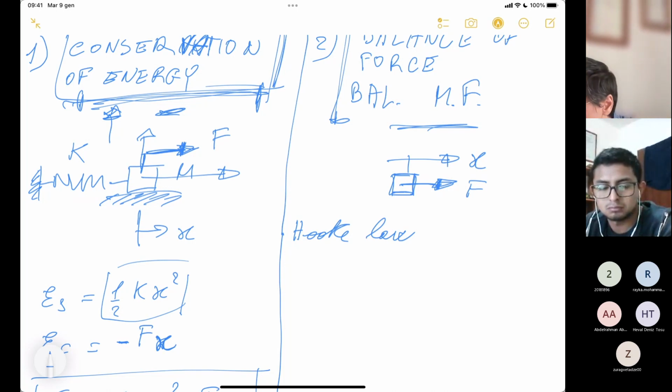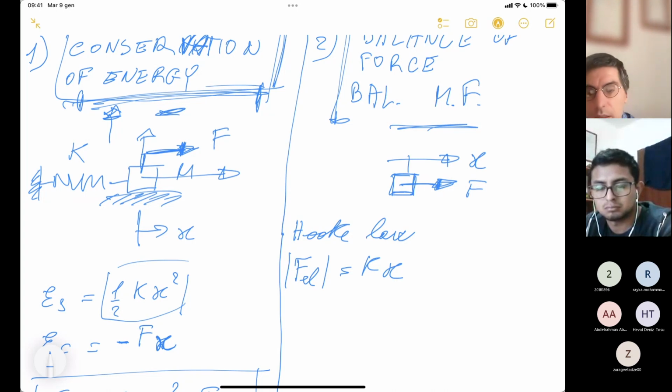The Hooke law tells us that the modulus of the elastic force is kx, and the direction is given in such a way that the force opposes the deformation of the spring.